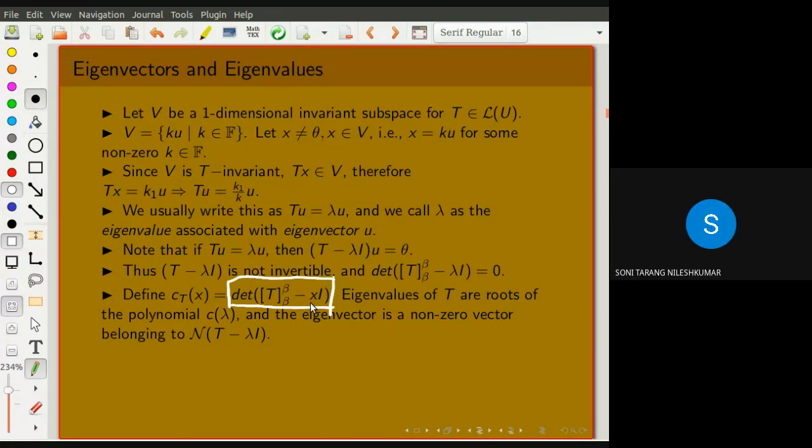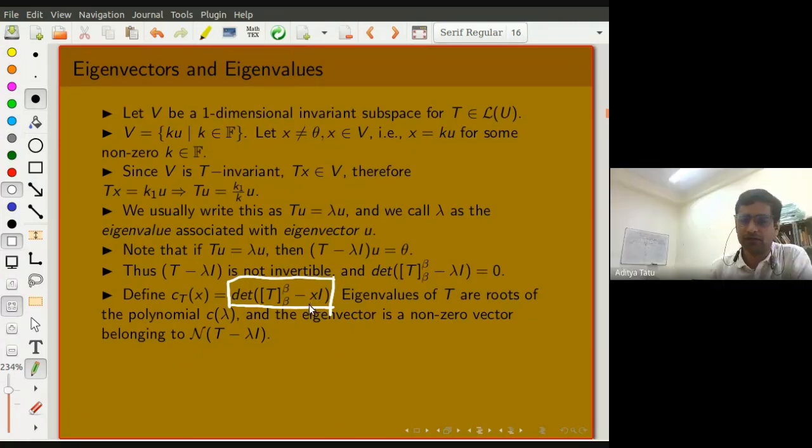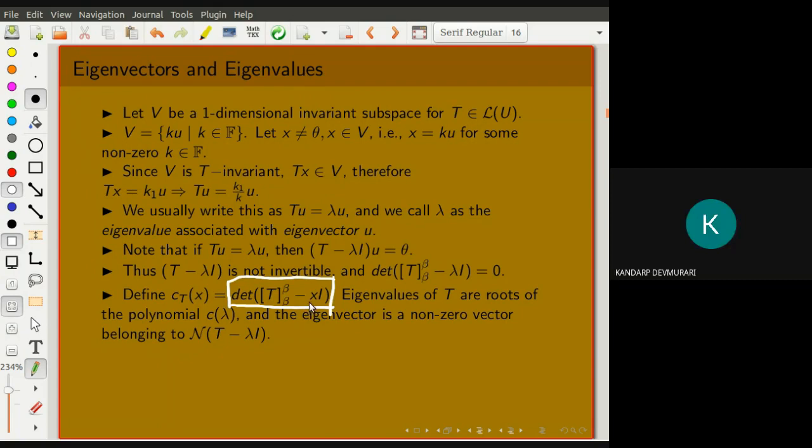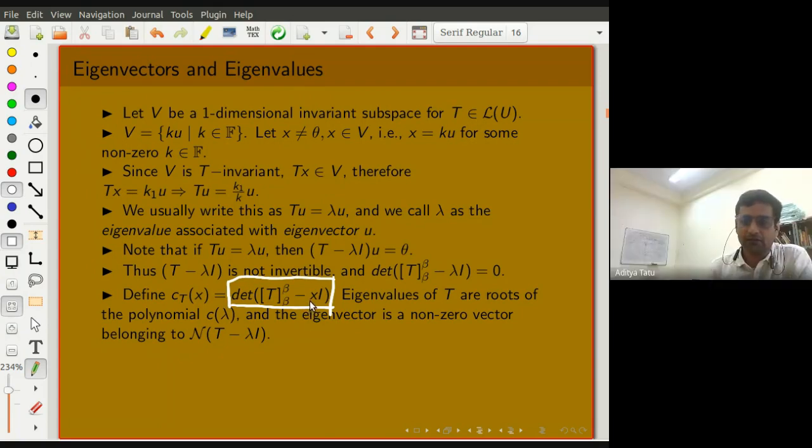Degree n. Because you have n diagonal elements, so you can multiply them out. You will have a degree which will be n.